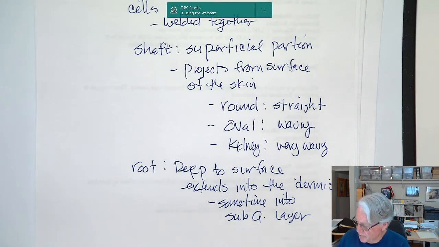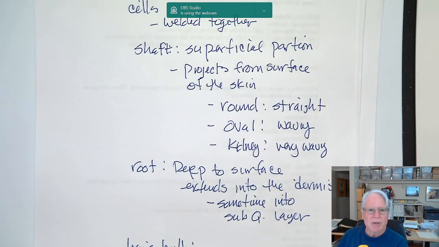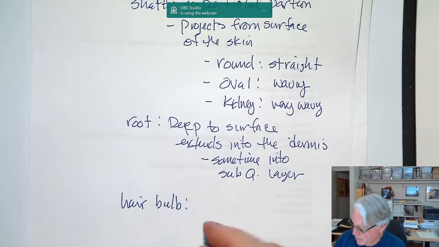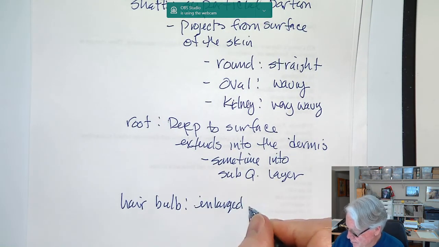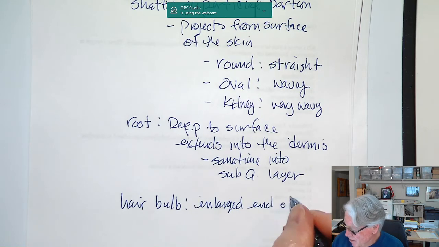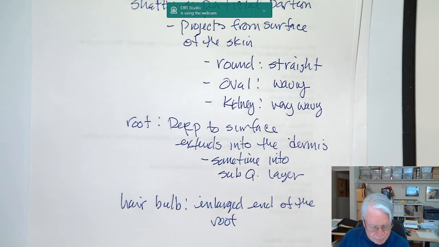At the end, so the bulb of the hair, let's get that. The hair bulb is the enlarged end of the root. Okay.